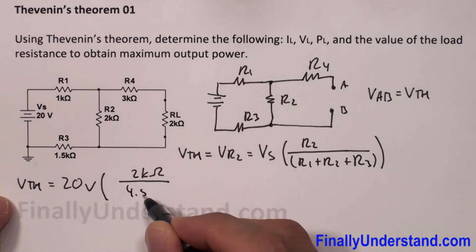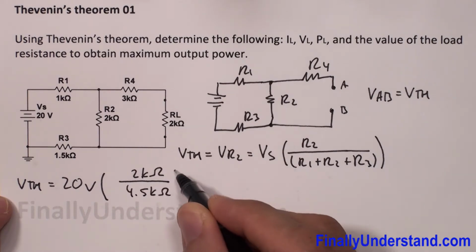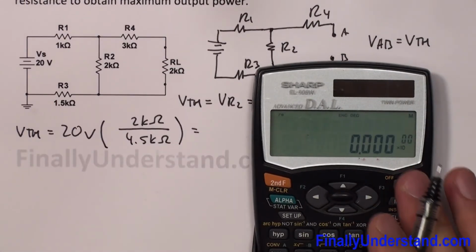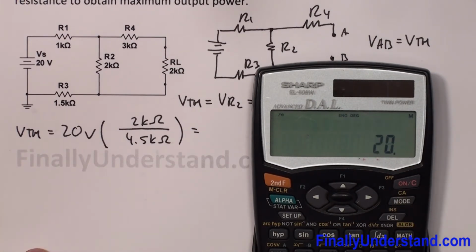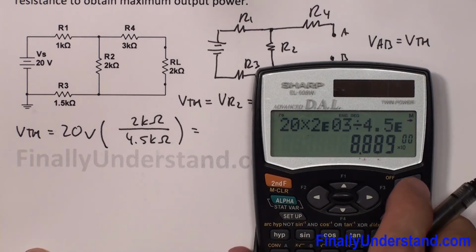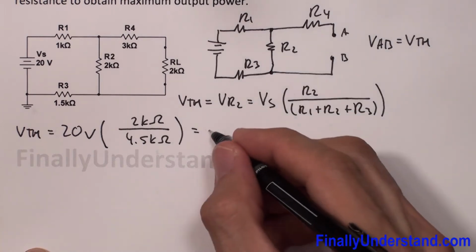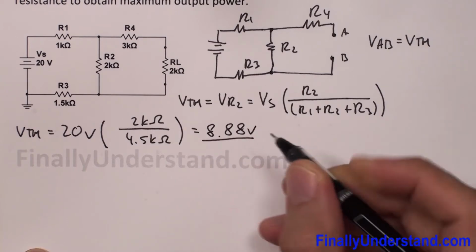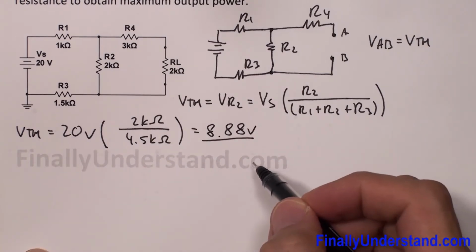I'm going to use the calculator to find this voltage. So I have 20 times 2 exponent 3 divided by 4.5 exponent 3. This is equal to 8.88 volts. So this is my Thevenin's voltage.